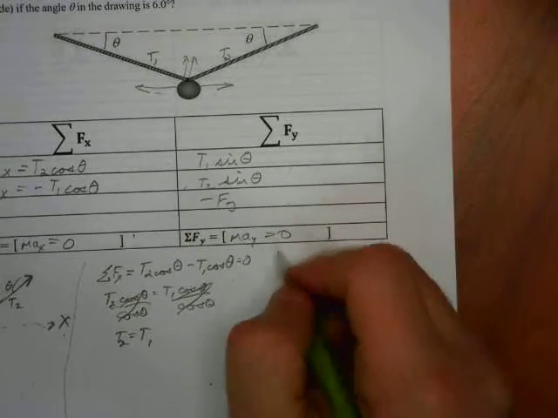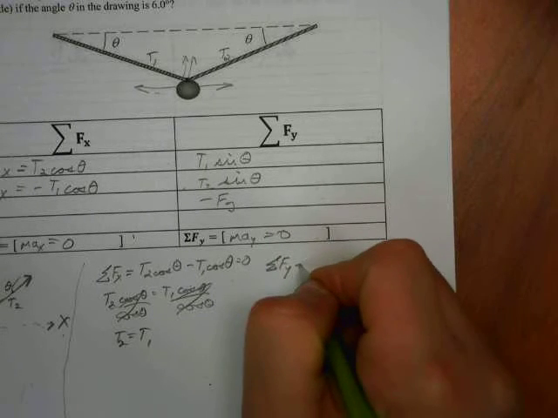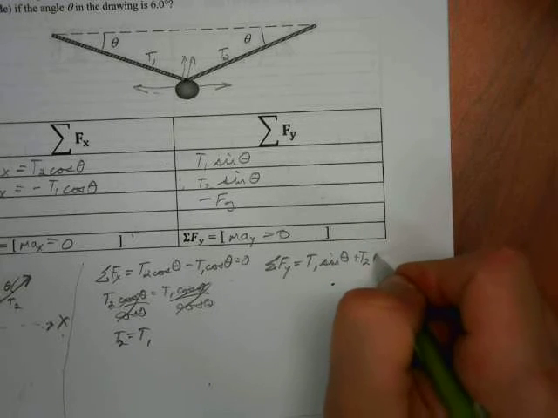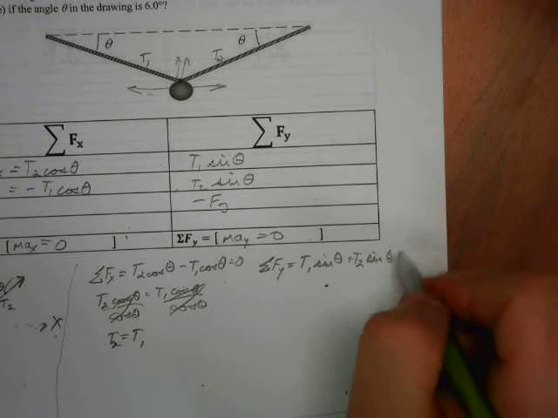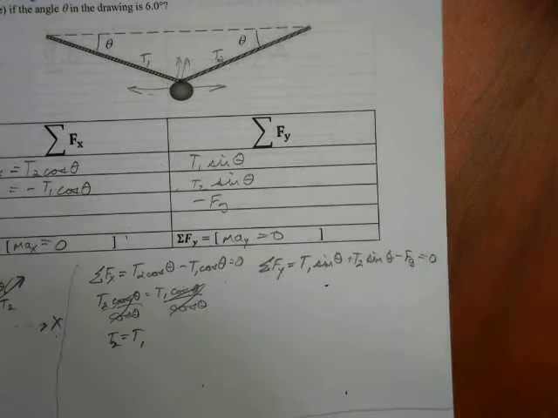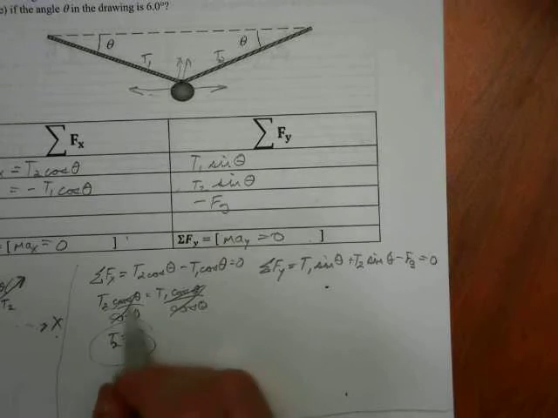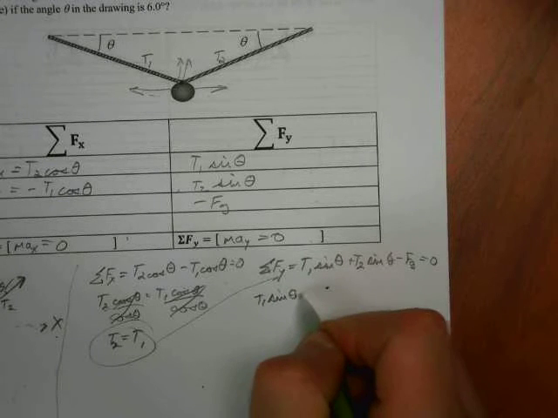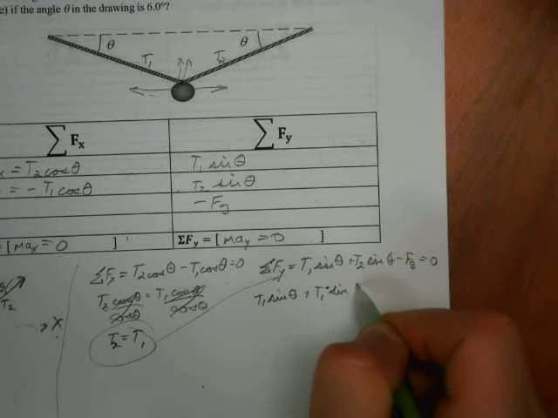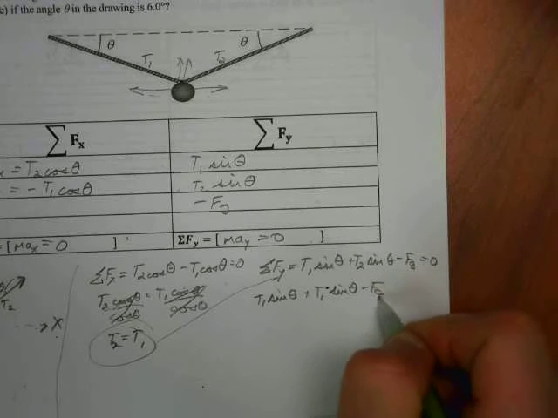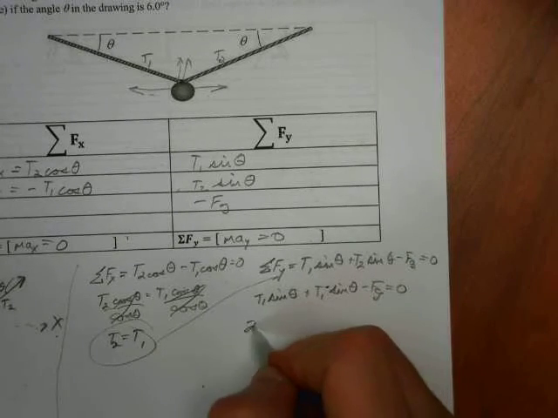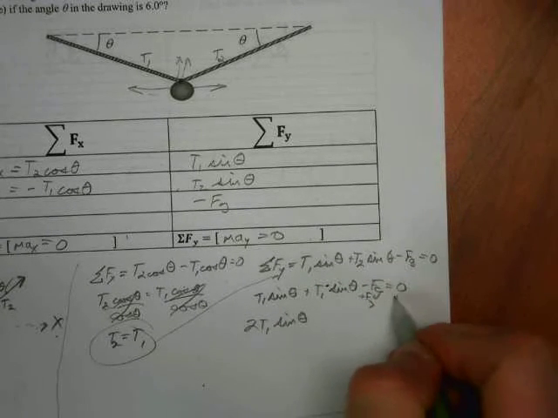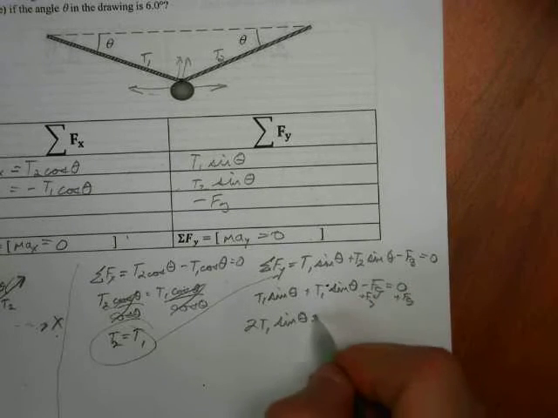So let's look in the y direction. T1 sine of theta plus T2 sine of theta minus Fg equals 0. Well, we know now that T1 equals T2, so we can plug that in and say T1 sine of theta plus T1 sine of theta minus Fg equals 0. Or 2 T1 sine of theta equals Fg, after adding Fg to each side of the equation.